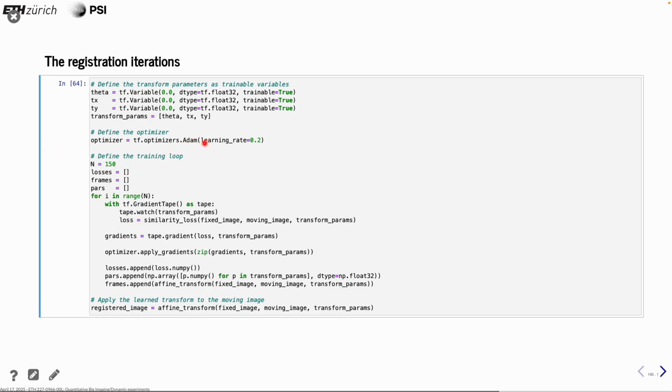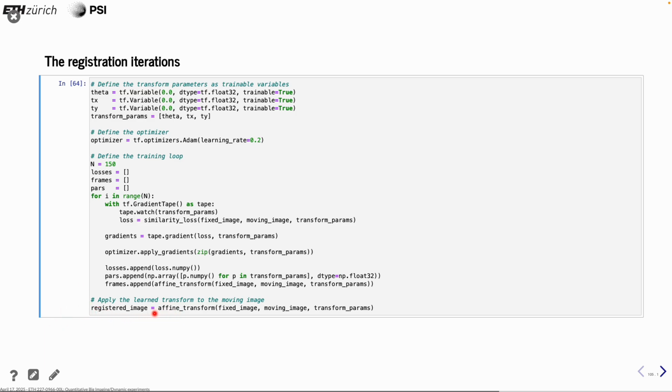In this case, I have chosen to work with the Adam optimizer, and the parameters we are optimizing are the rotation and the displacement, Tx and Ty. And here we compute the loss function, so how much is the error for the current iteration. We compute the gradient, which is needed for the optimizer. And then I just store the data because we want to look at it afterwards.